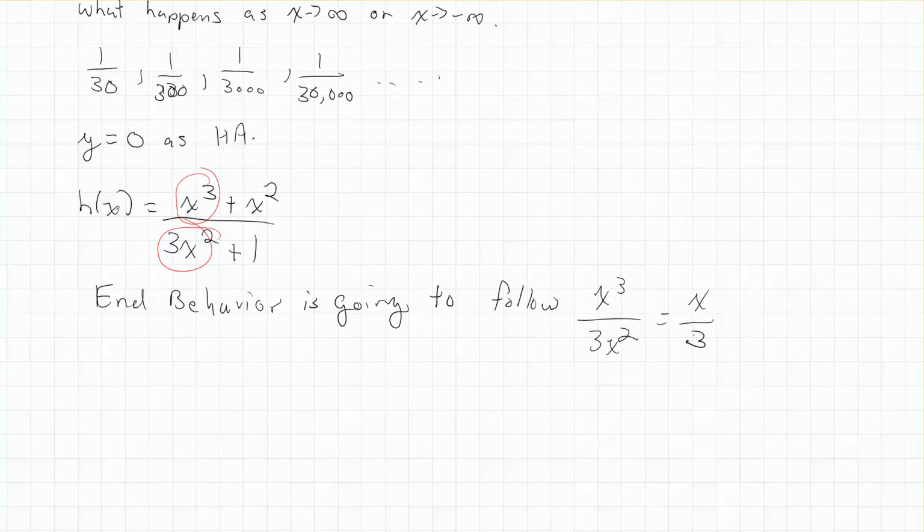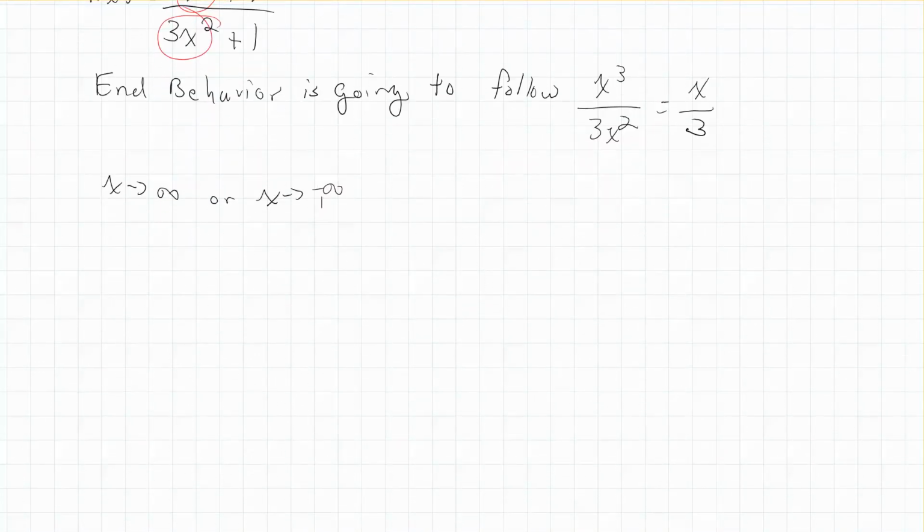Now again, I can't just say y equals x over 3 is my horizontal asymptote. Horizontal asymptotes are numbers. So we need to say, well, what happens as x goes to infinity or x goes to negative infinity? Well, as x goes to infinity, x over 3 is actually going to go to infinity as well. I mean, x over 3 is just a straight line with a slope of 1/3.